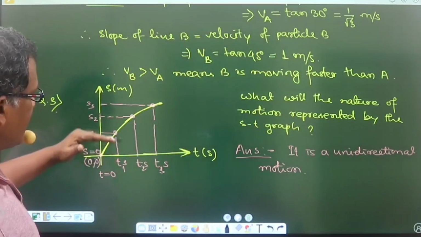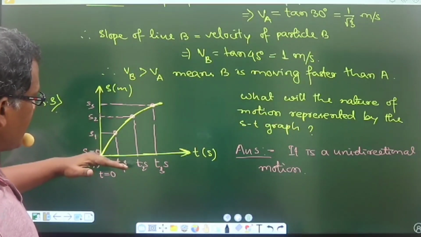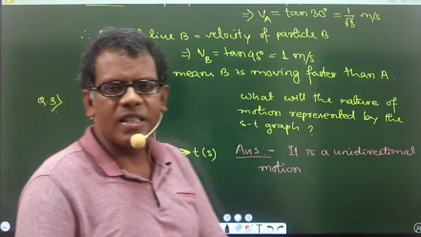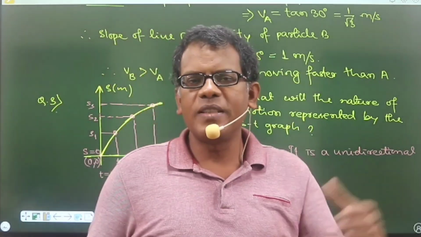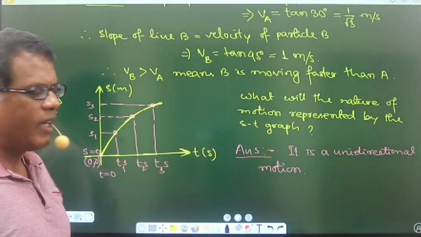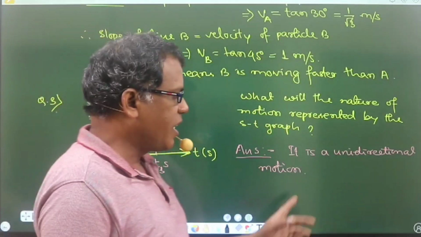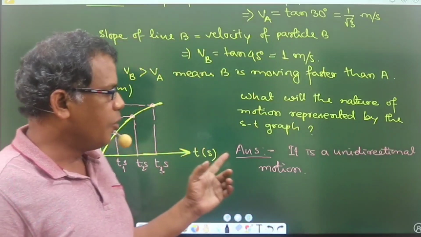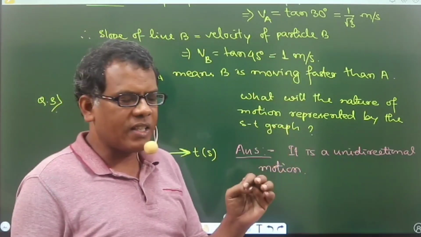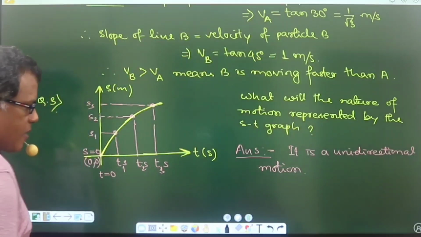At one instant it is at S1, at the next instant at S2, and next at S3. So from the starting point the measured separation is increasing, which means it is definitely going in one direction only. So the first statement we can make is that it is unidirectional motion, meaning it is continuously moving in one direction throughout its existence.